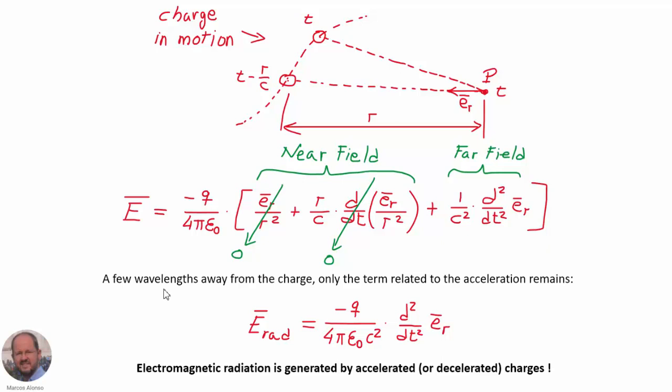A few wavelengths away, we can neglect the effect of the near field and we have only the effect of the far field. So this is the final expression that we have to consider in order to calculate the electric field radiated by the particle. And finally, we can conclude that all electromagnetic radiation is generated by accelerated or decelerated charges.